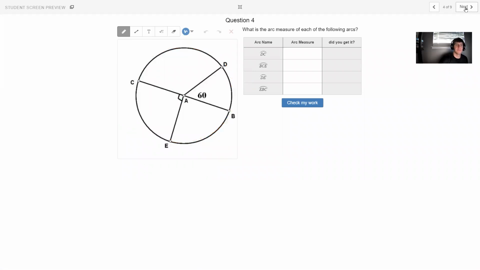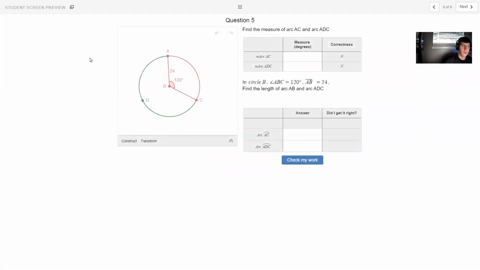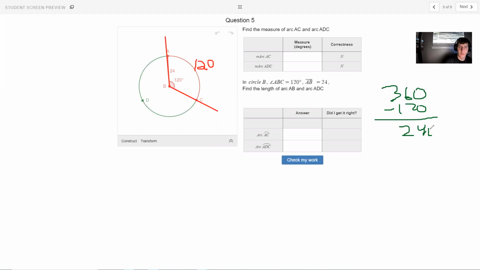Number 5. So the measure of arc AC there is 120, right? The measure of the central angle is equal to the measure of the arc, so we have 120. And then we know a circle is 360 degrees. So we can do 360 minus 120 is 240.